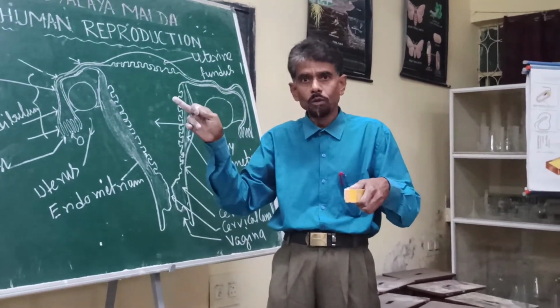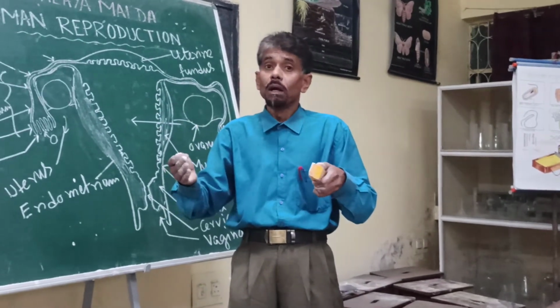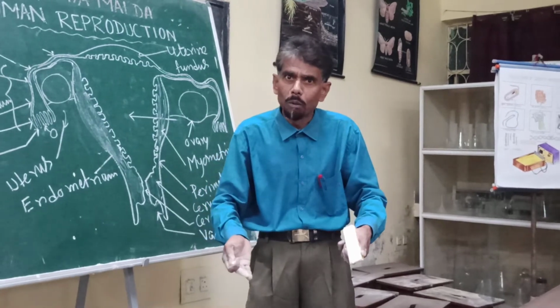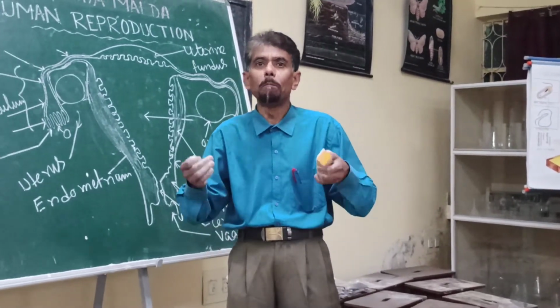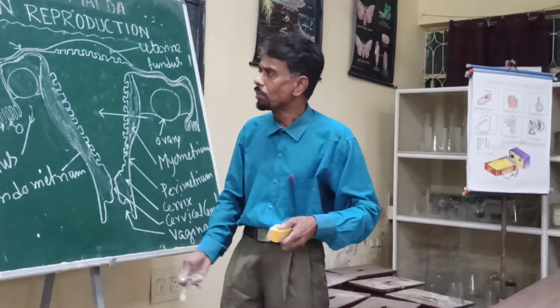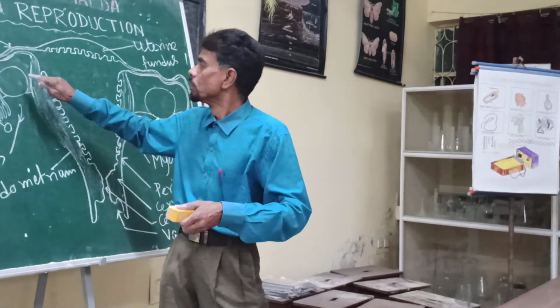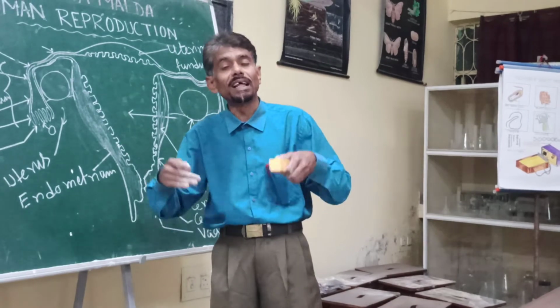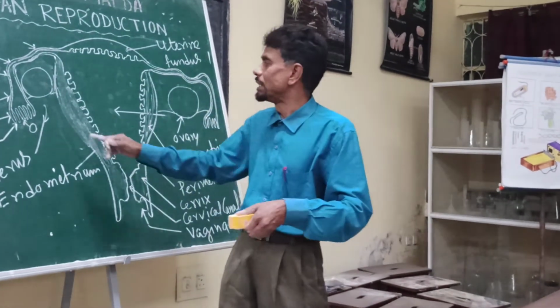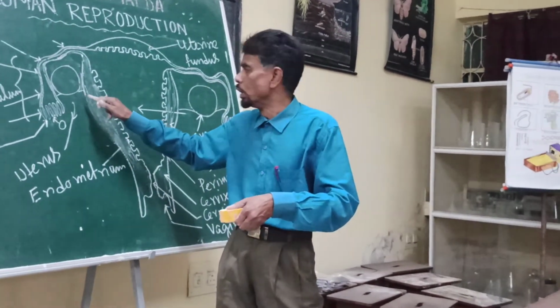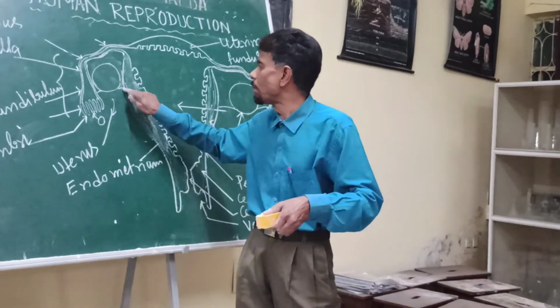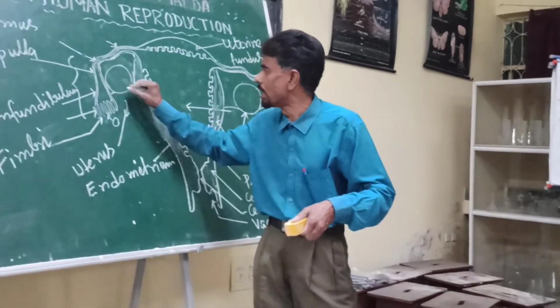So just try to compare: in the male, the pair of testes reside outside the abdominal cavity within a pouch called the scrotum. In the female, the pair of ovaries reside within the abdominal cavity itself, connected with the uterine wall and the pelvic region by means of ligaments. These are the ligaments.